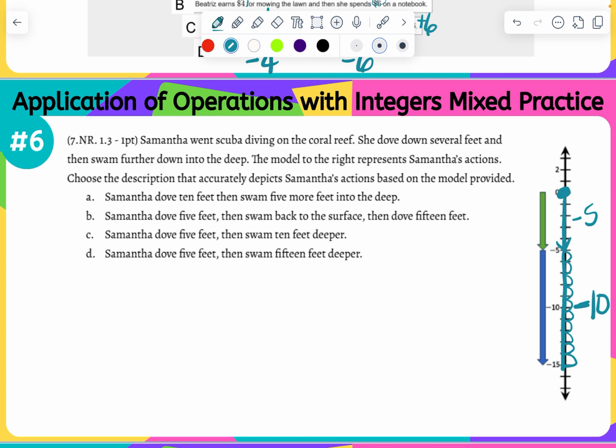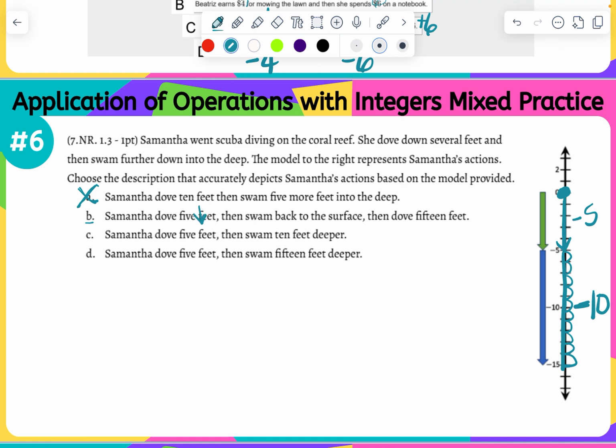Okay? So let's read what we got. A says she dove down 10 feet. Well, she did not dive down 10 feet first. She went down 5 feet first. So B says she dove down 5 feet and then swam back to the surface. Well, no, she went down and then down again.